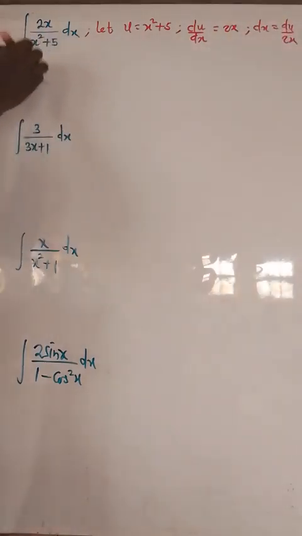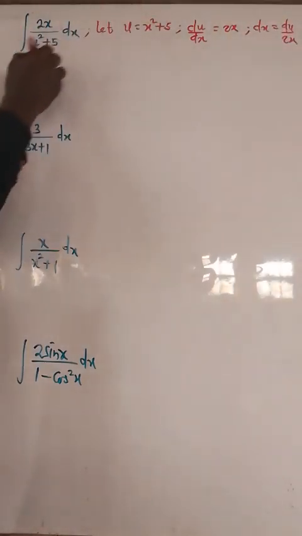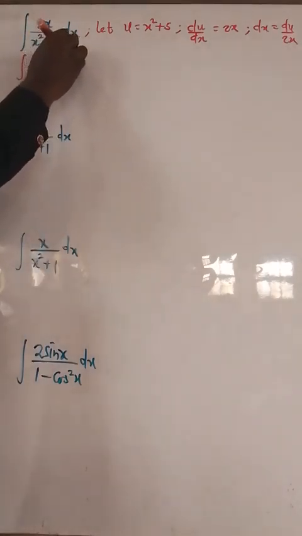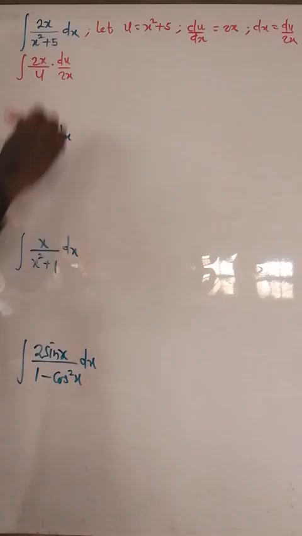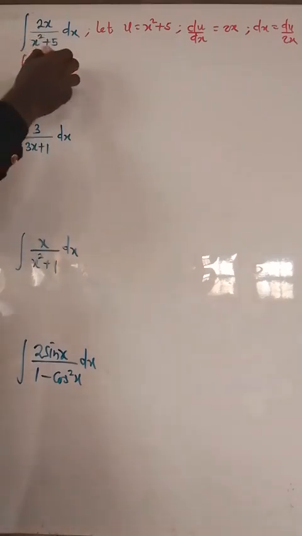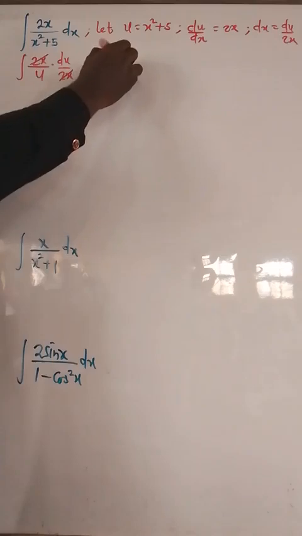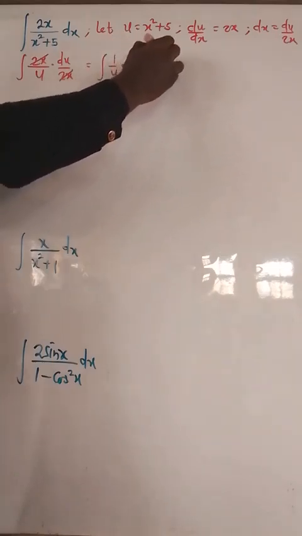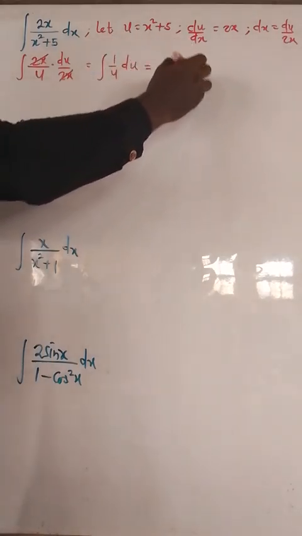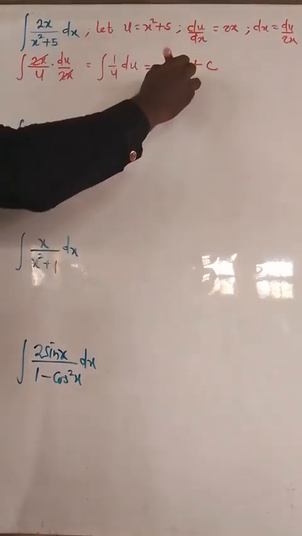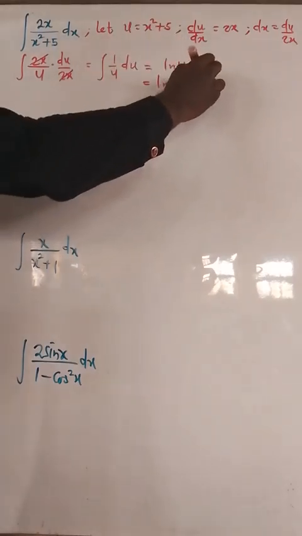So this becomes the integral of 2x over u, and dx is du over 2x. 2x cancels 2x. That's the integral of 1 over u du, which goes to ln u plus c. And what is u? x squared plus 5.